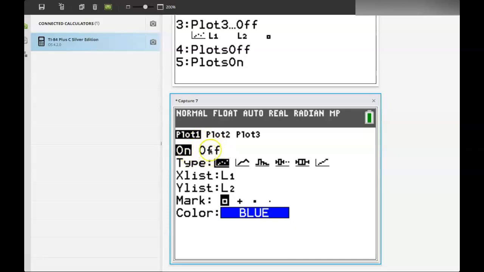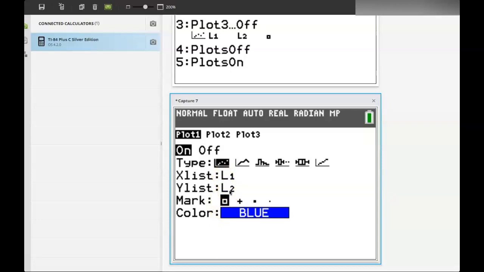If this one was off, you should move it to On. The type of diagram is scatter, and for X you should have L1 and for Y, L2. If you have something different, you should type that in.